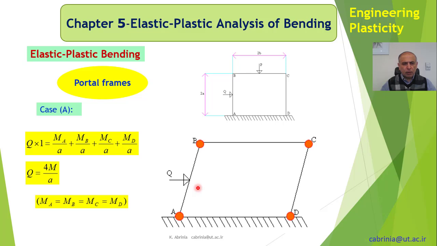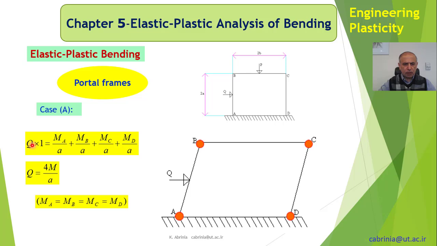Taking moments, we equate the external work done to the internal work done, or rather the rate of work done. Here we are assuming that Q is moving this frame with a velocity of 1 meter per second.